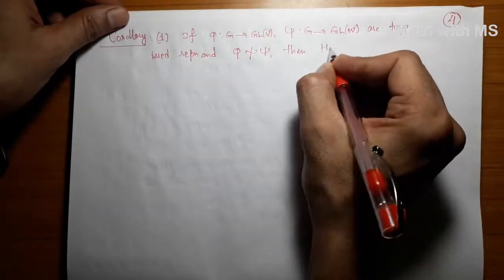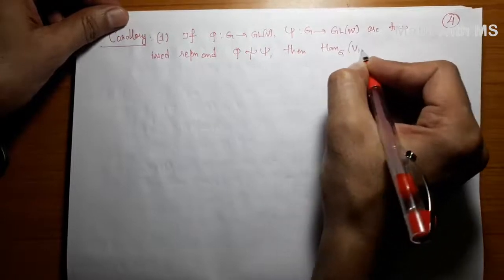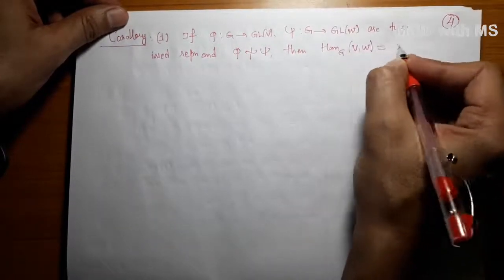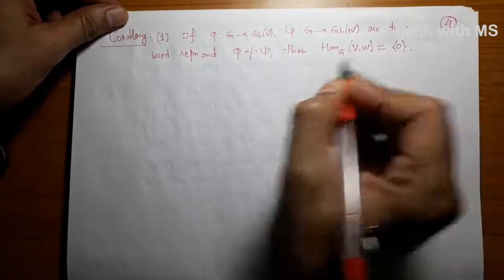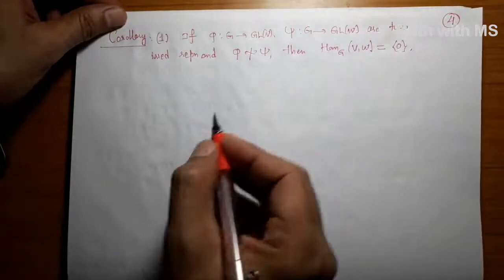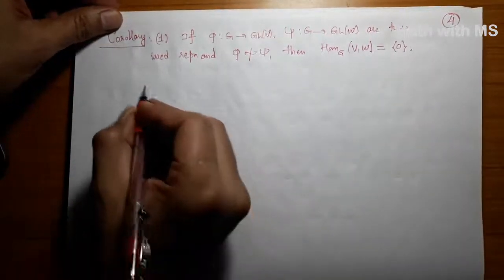Then Hom_G(V, W) turns out to be the singleton zero space. Okay, there is only the trivial morphism from V to W if they are not equivalent.